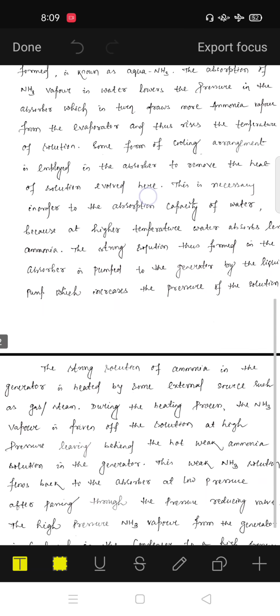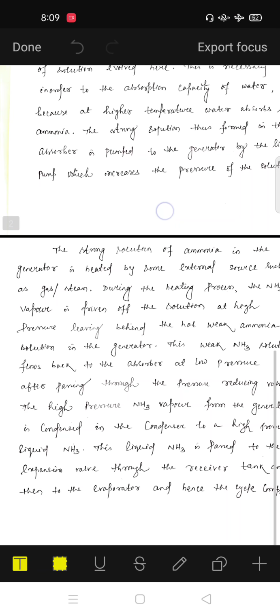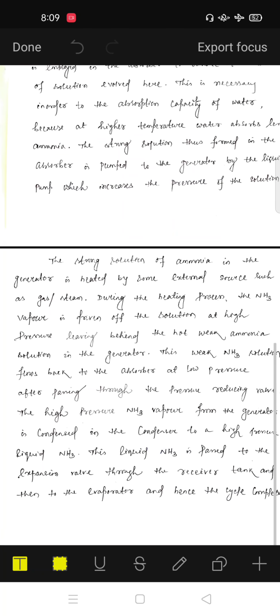So the strong solution of ammonia in the generator is heated by some external source such as gas or steam, and during this heating process the ammonia vapor is driven off the solution at high pressure, leaving behind the hot weak ammonia solution in the generator.